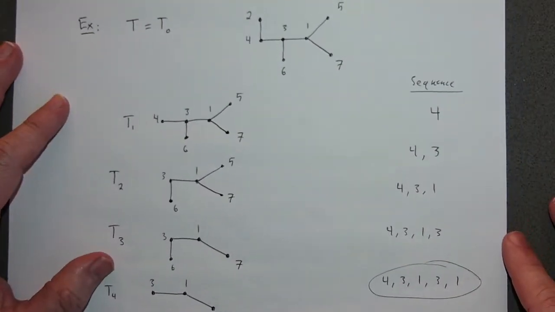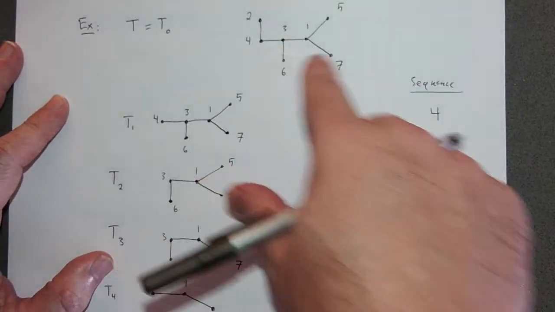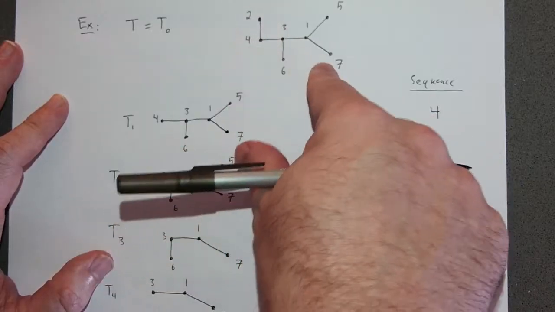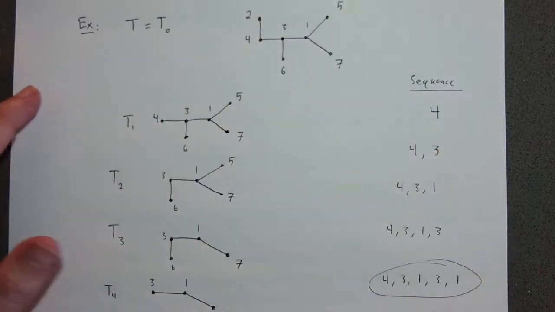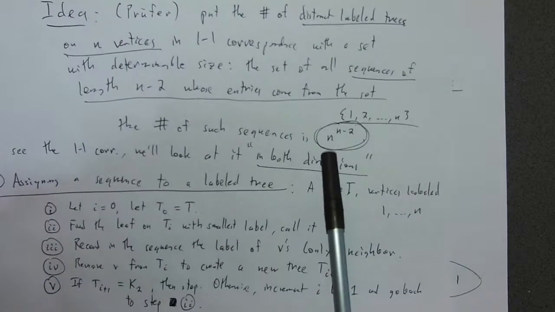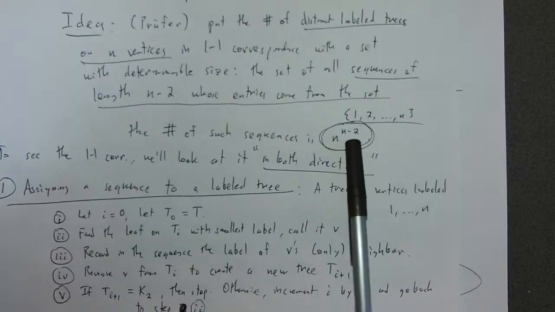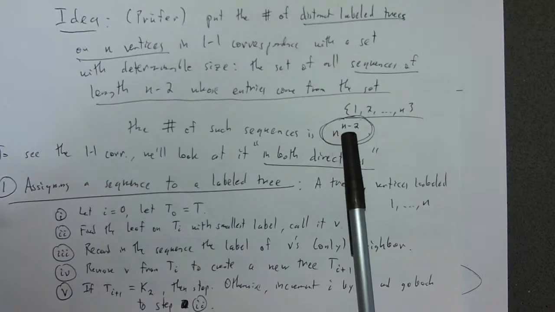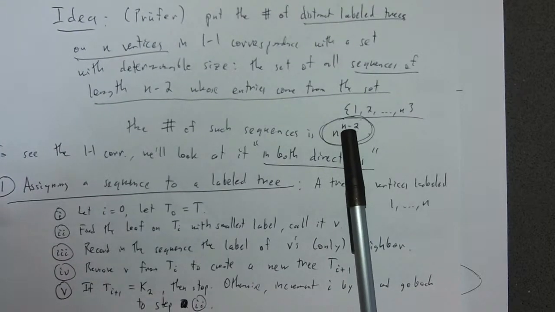This tree, of course, is a tree on 7 vertices. So the total number of labeled trees on 7 vertices, according to Cayley's tree formula, is going to be 7 to the 5.